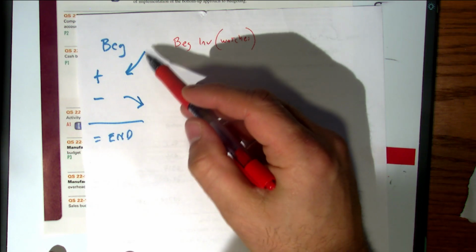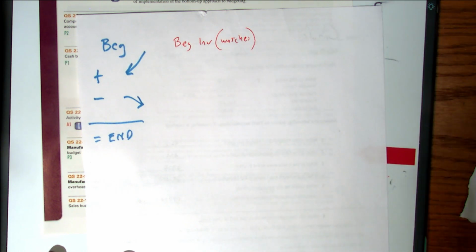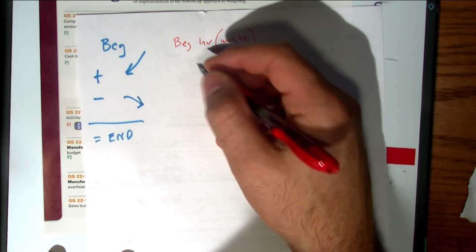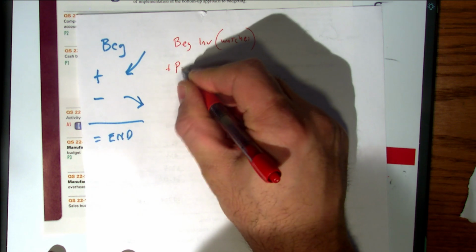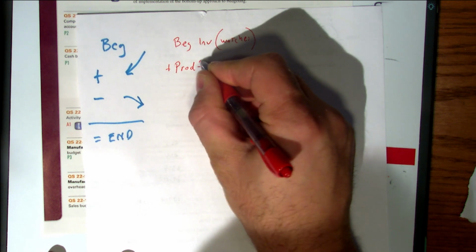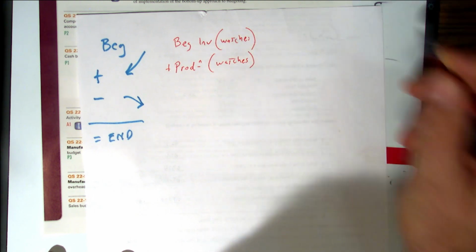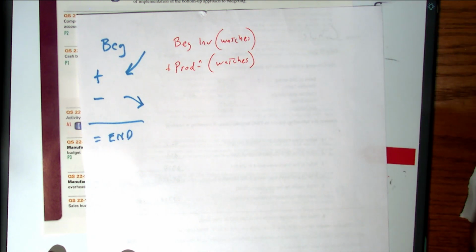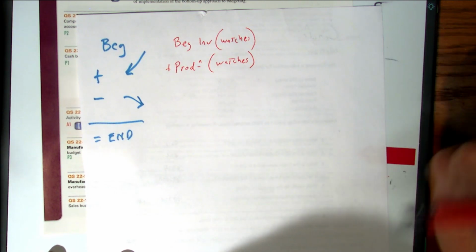Take a look at this again. What makes us increase our inventory of watches? When we produce or manufacture more watches, right? So this term for this specific problem is plus production of watches. You see what we're doing here, folks? What makes our inventory of watches decrease?